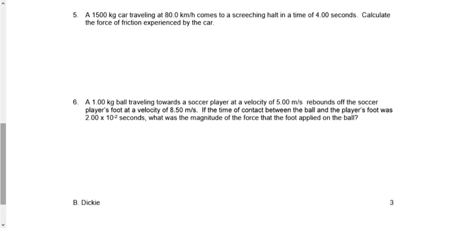I'm going to pull out the red pen here and identify something that could lead to a silly mistake. It doesn't tell me right, left here. It doesn't tell me up, down, north, south. But it does tell me that the ball is moving towards the soccer player and then it rebounds, so it's moving away. Right? And I've got to be careful there that something is positive and something is negative.